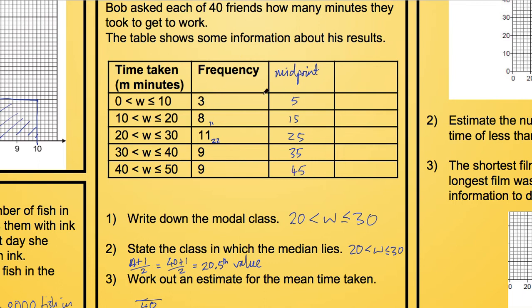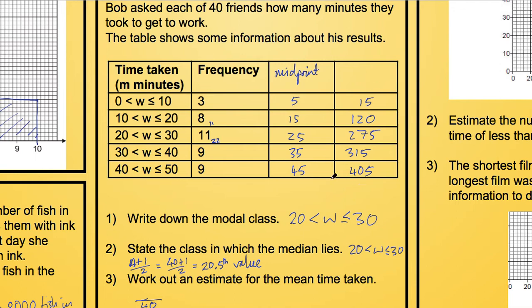We've got 3 people with an average of 5 minutes, so 3 times 5 is 15. 8 times 15 goes in here, 120, 11 times 25 in there, it's 275, 9 times 35, 315, and 9 times 45 is 405.